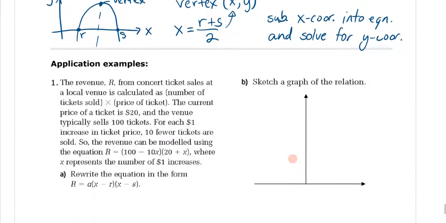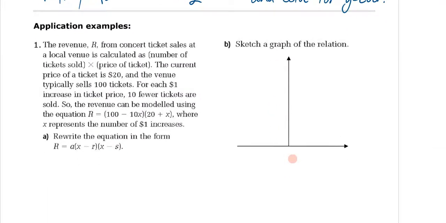So the revenue R, revenue means the money that you're collecting, the money that you're earning as a concert venue, let's say it's concert ticket sales at a local venue, is calculated as the number of tickets sold times the price of the ticket. The current price of a ticket is $20, and the venue typically sells 100 tickets.